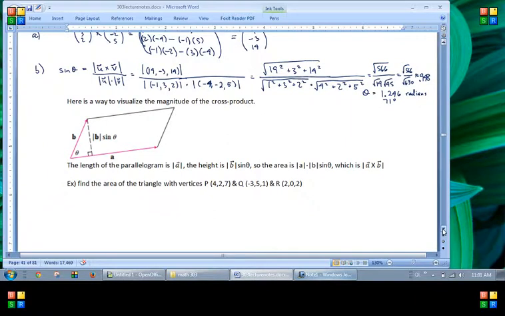So we find the area of the parallelogram, and we just cut it in half. So that's the first thing: the area of the triangle is half the area of the parallelogram.